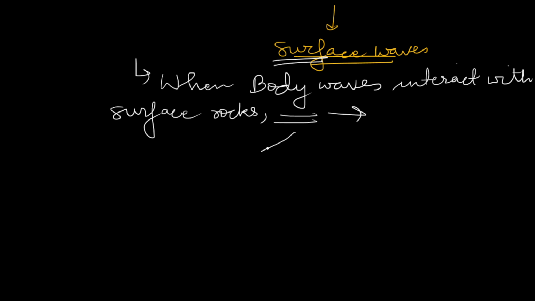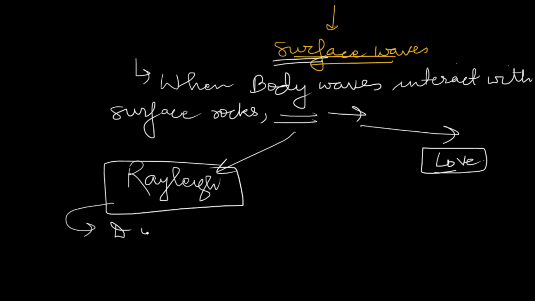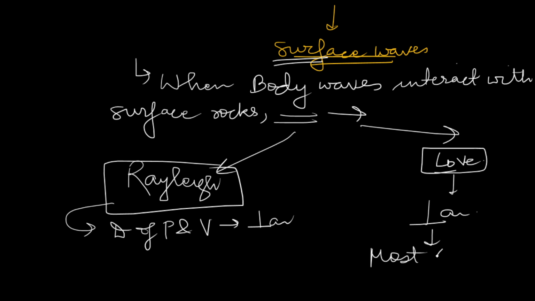Surface waves are again of two types, that is Rayleigh and Love waves. In Rayleigh waves the direction of propagation and vibration is perpendicular, whereas in Love waves it is again perpendicular. But Love waves are one of the most destructive waves.